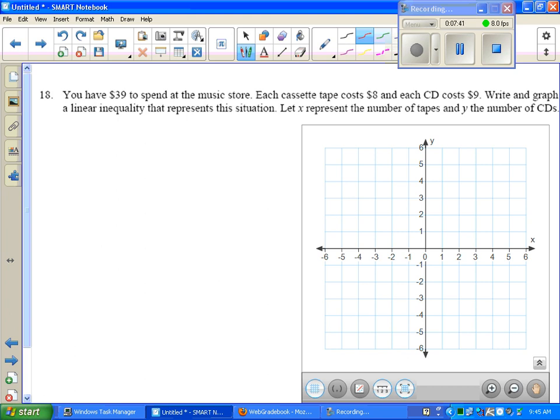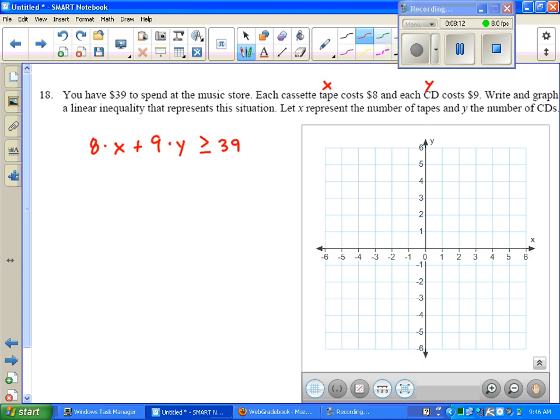So it says each costs $8 for tapes, and each costs $9 for CDs. So 8 times, let's say our tapes are X, plus 9, let's say our CDs are Y. It says you have $39 to spend. So you can't go over $39. So at most, you have $39 to spend.